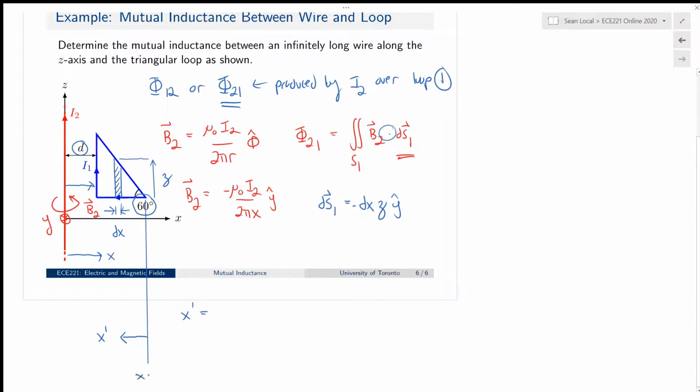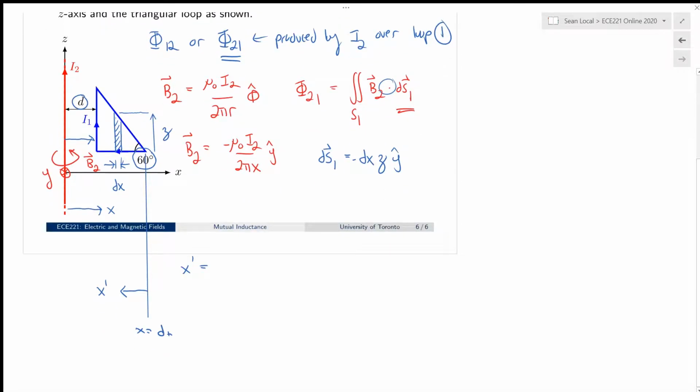So this position here is d plus the width of the triangle, which we should define as b. It wasn't labeled in the diagram here. So this distance here is b. So this is x equals d plus b here. So for defining x prime, we start at the position d plus b, and then we subtract x, right? This is the new coordinate x prime.